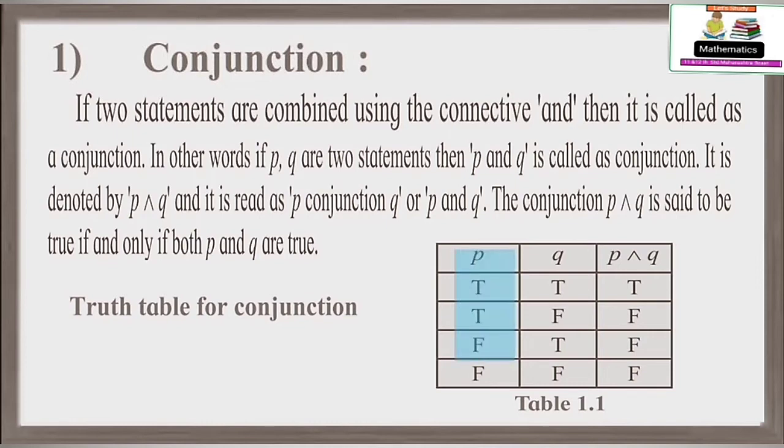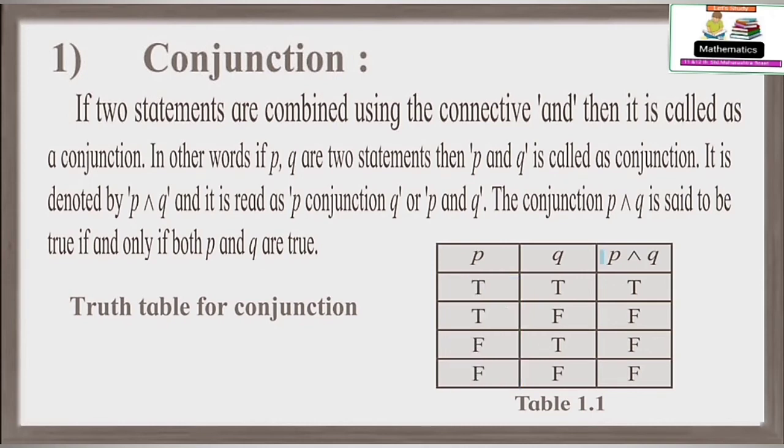In the p column, we write its truth value: first true, second true, and the remaining two false. In the second column, the q column, we write the truth values true, false, true, false. The sequence is true, false, true, false. And in the first column, the sequence is T, T, F, F.